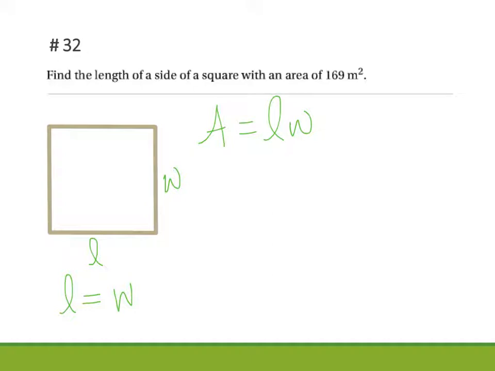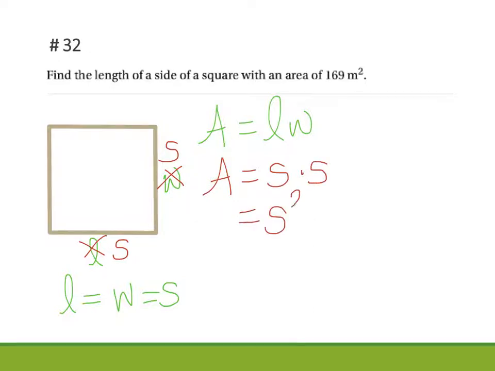We designate that the length and the width are both sides of the square, and we use the letter S to represent side. So instead of using length and width, we say that both of these are side lengths. And we express the area as area equals side times side, which is side squared.